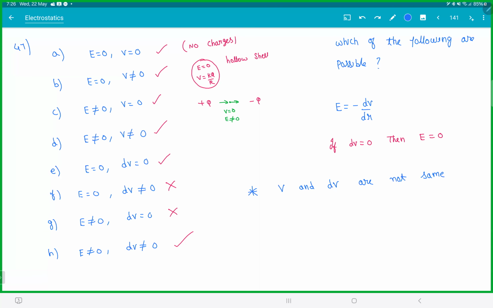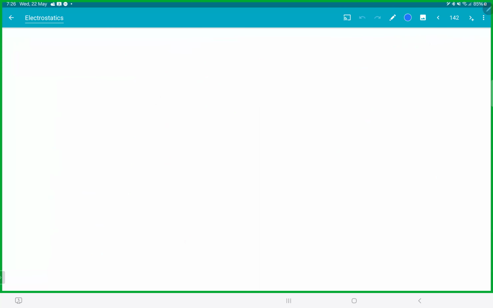Next thing. Equipotential surface. So the word itself explains: a surface or the region where the potential is same.